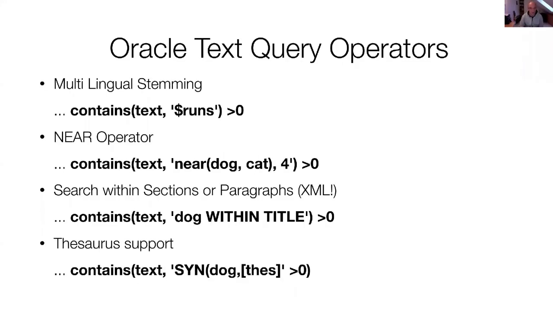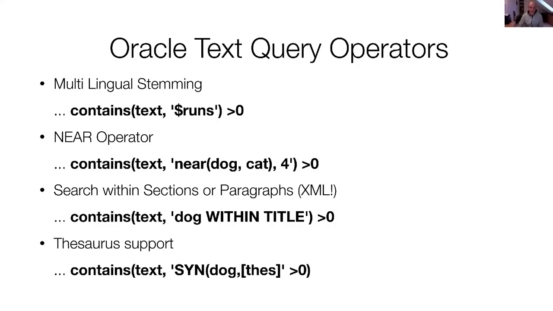Okay, let's have a look at a few more. There's stemming, which is not that important for us today. If you want to have the plurals while searching for a singular, then the stemming operator might be useful. You can have a near operator, and you see this is going more towards document searching requirements. So doc and cat and for: we want documents with doc and cat, but no more than 4 words in between.